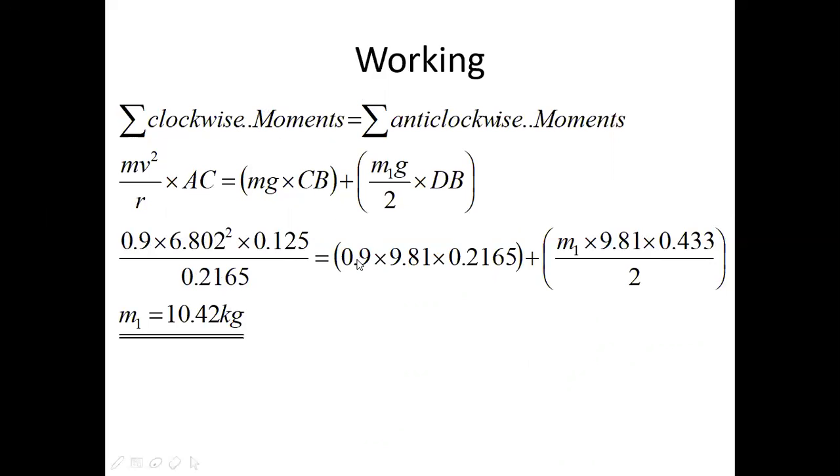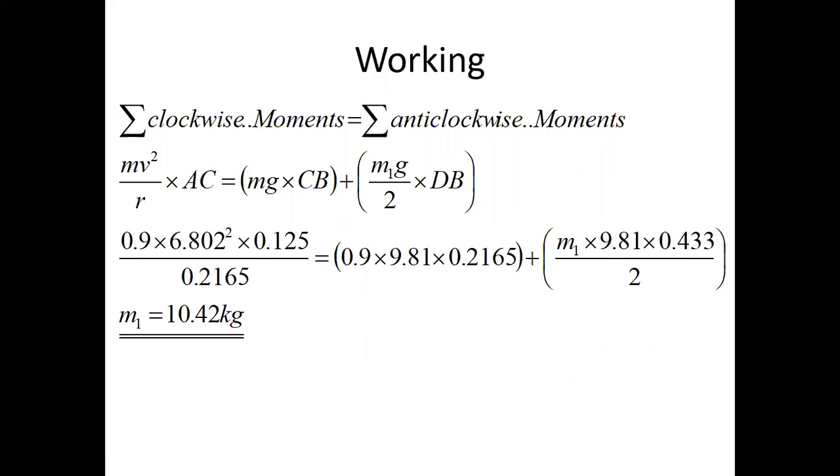Then mass again, 0.9 times G 9.81 times this one. This is the same as the radius like we saw earlier. Then plus M1, which we're looking for. Then there's G times dB, or simply BD.